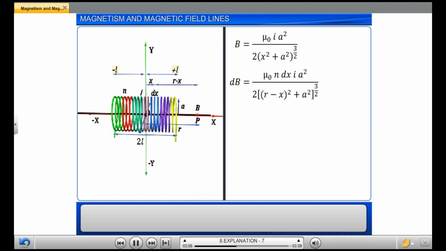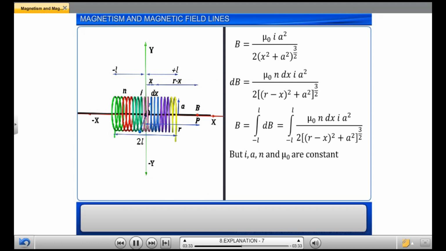Thus, the total magnetic induction at the point P due to the solenoid is B equal to the integral from minus L to L of dB, that is equal to the integral from minus L to L of mu naught n dx I a square by 2 into ((r minus x) square plus a square) whole power 3 by 2.